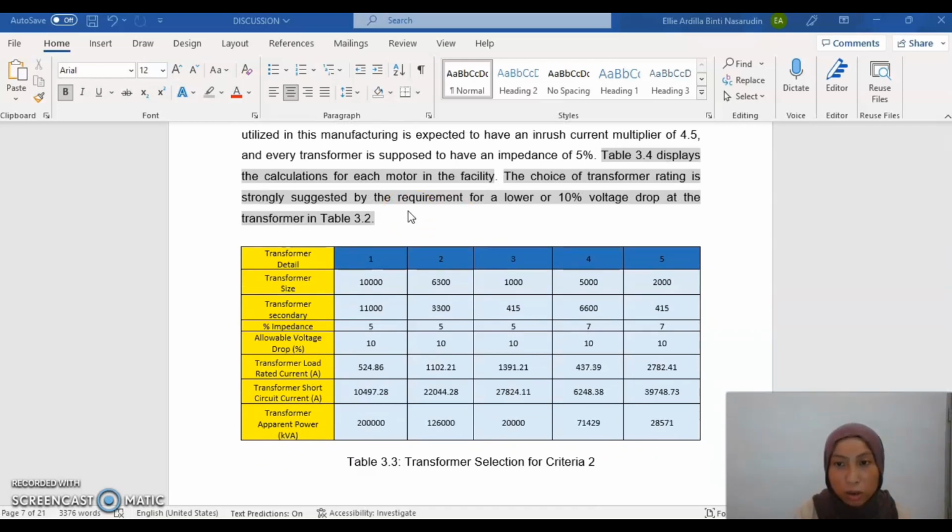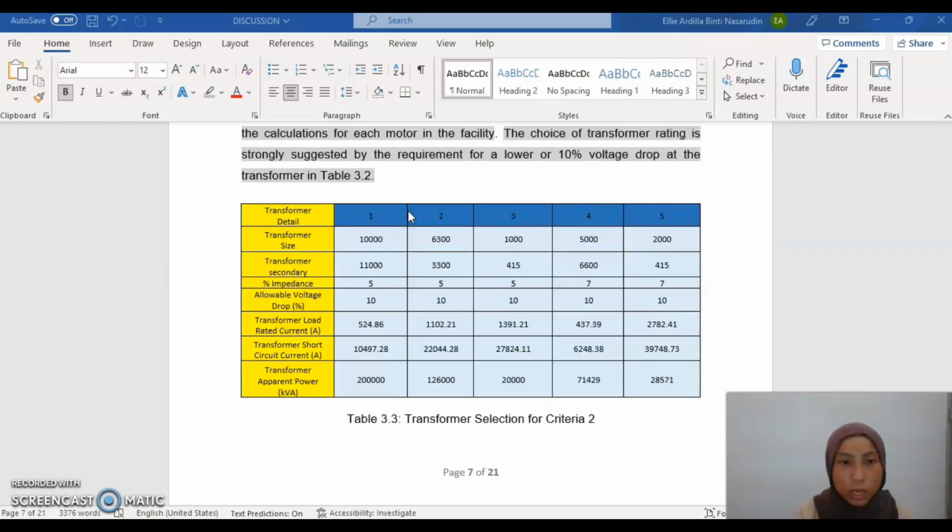And then the choice of transformer rating is strongly suggested by the requirement for a lower than 10% voltage drop at the transformer. In table 3.2, which has a voltage drop, we get that all the transformers have the same voltage drop, which is 10.